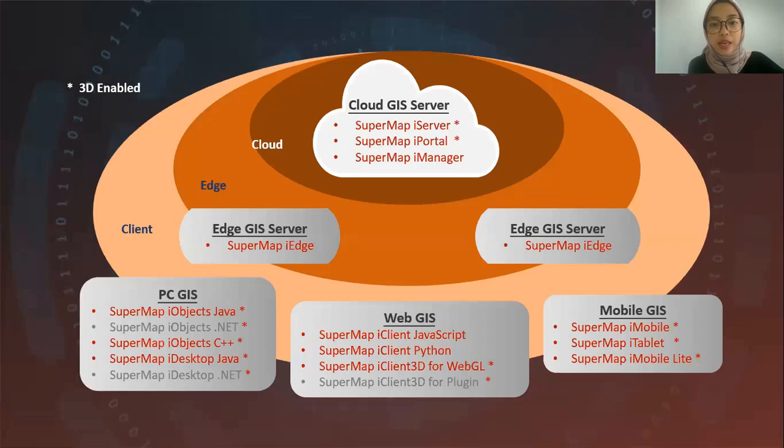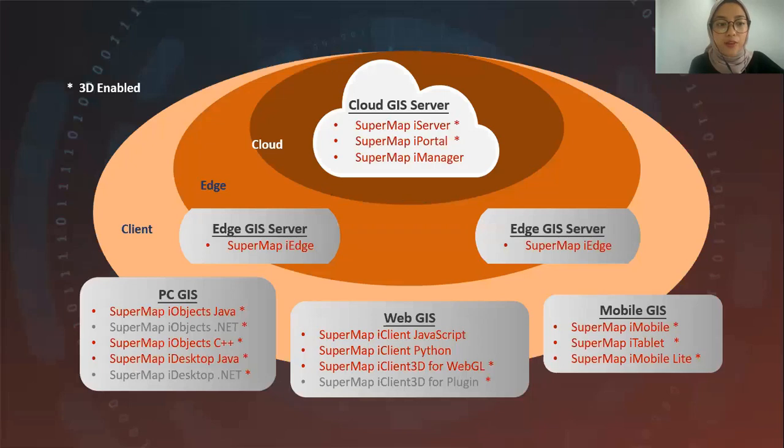The second one is iPortal, GIS portal, and the last one is iManager for automatic deployment, should you have many servers to be deployed for a project, for example. And we have also SuperMap IH. SuperMap IH is to leverage the performance of your server. And the last one is clients.